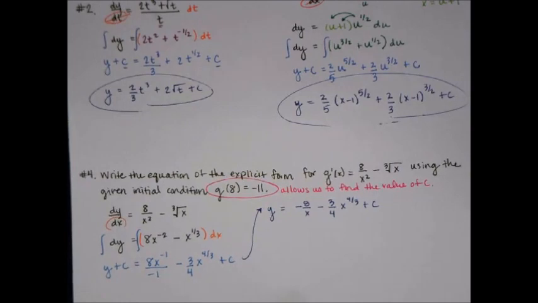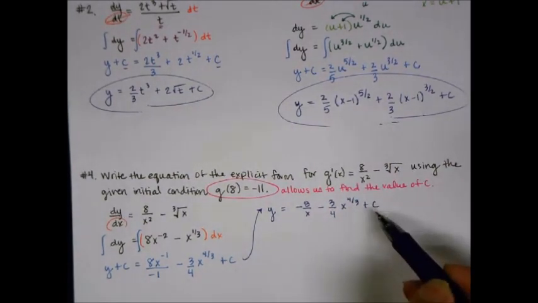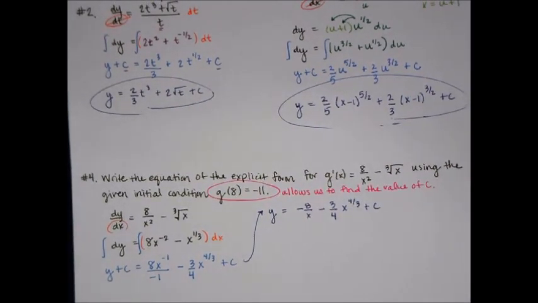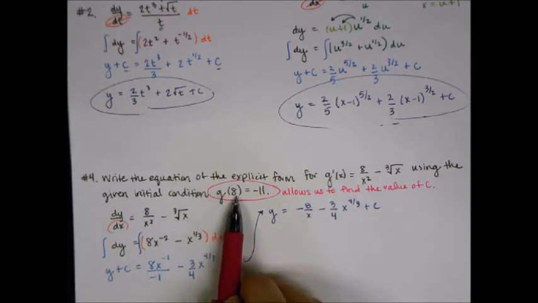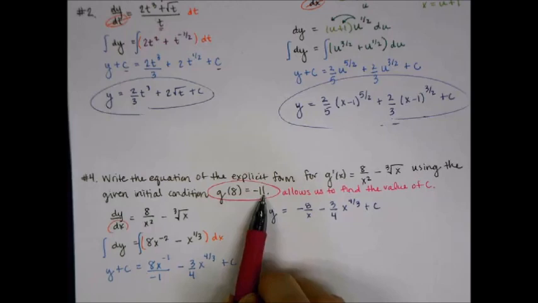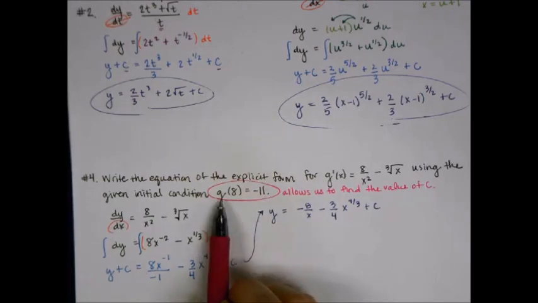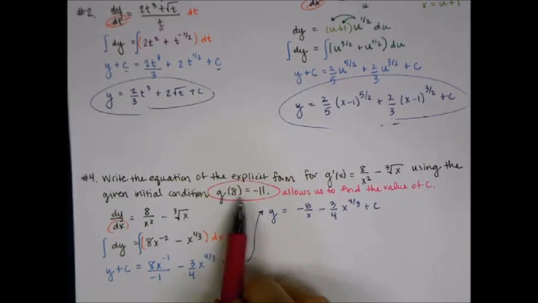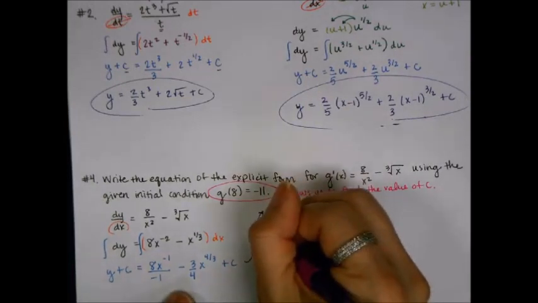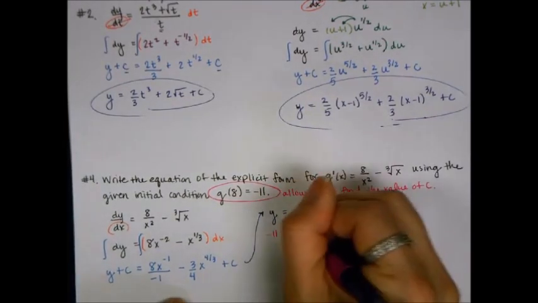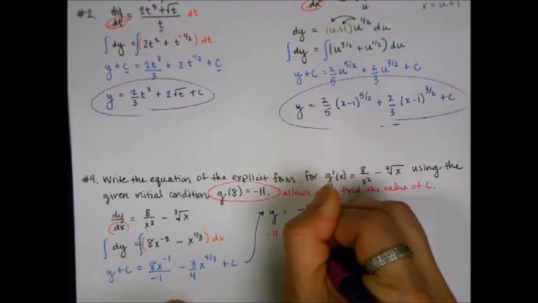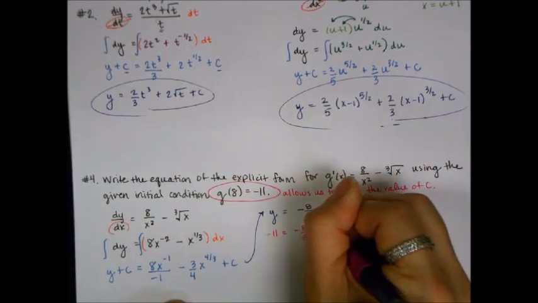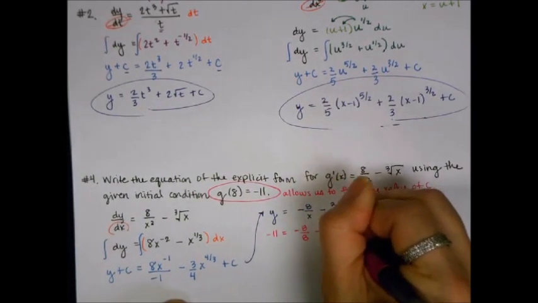So we're going to use that coordinate pair now. So g of x, remember 8 is x, and it equals -11. So this is your y, because g of x or f of x is always y. So -11 is equal to -8 divided by 8 minus 3/4 of 8 to the power 4/3 plus c.